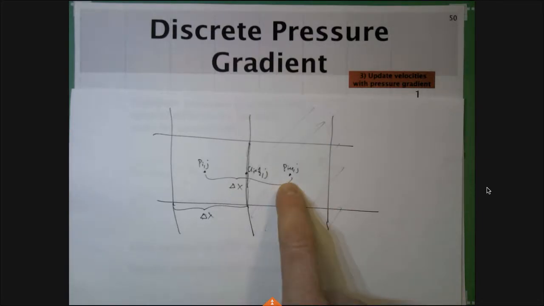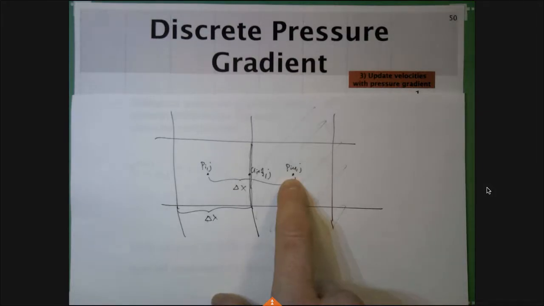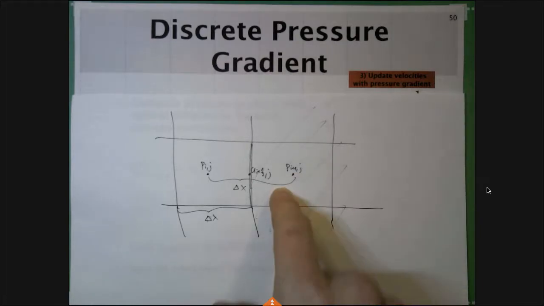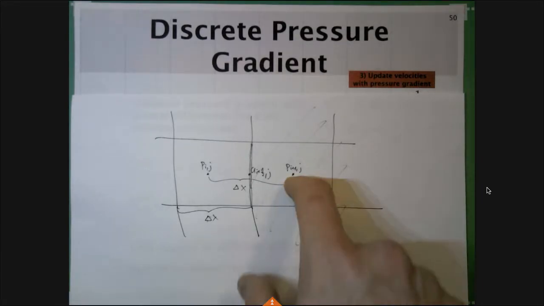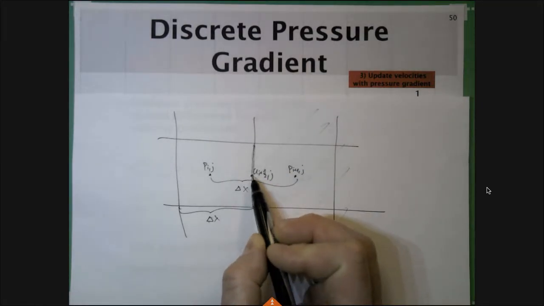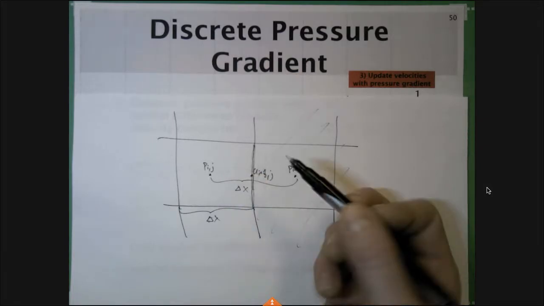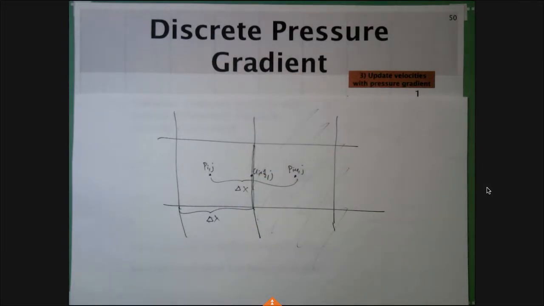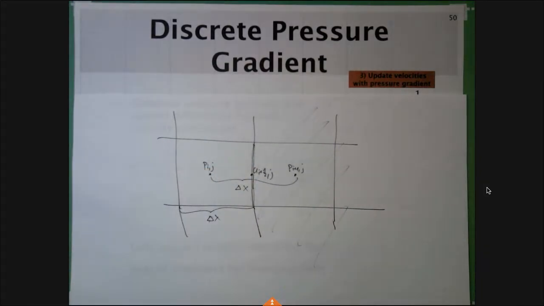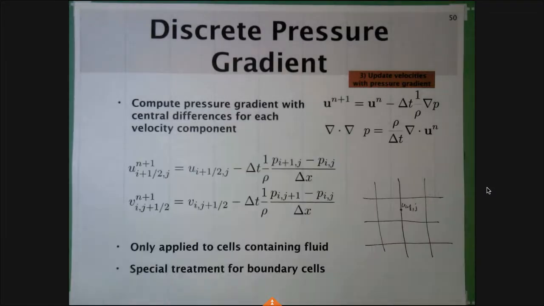I don't want to go into too much detail, but if you have a solid wall, what you want to do is compute a fictitious pressure on this solid cell such that this velocity here is 0, so that there is no velocity going in or out of the solid wall. That's how you deal with the boundary conditions. There are different types, like air or the free surface of water. Let's not worry about boundary conditions for now. Let's finish this and then we can discuss them.